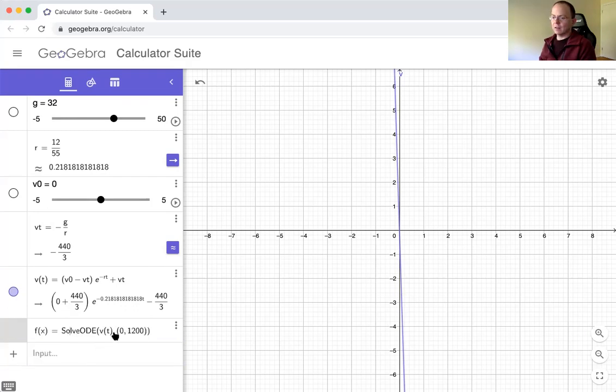Let's see. Maybe I could just enter this directly. V naught minus vt times the exponential of minus r, and let's put x in just because I think GeoGebra prefers x and y's, plus vt, and our initial condition is 0 and 1200.